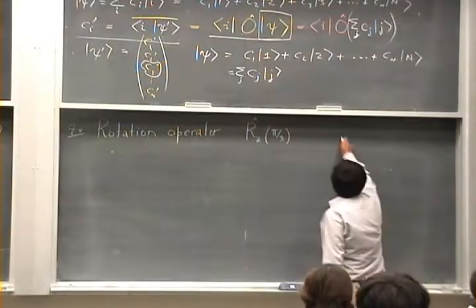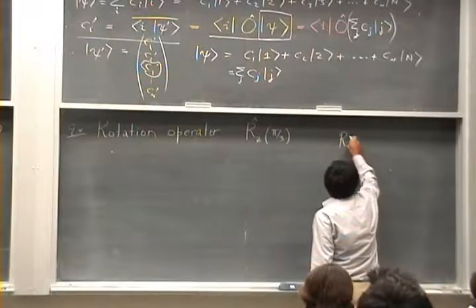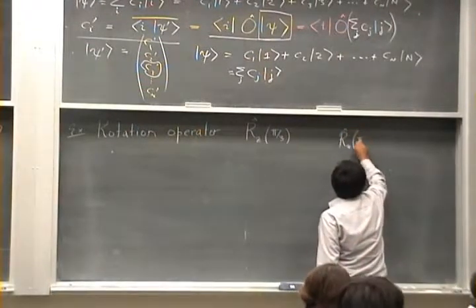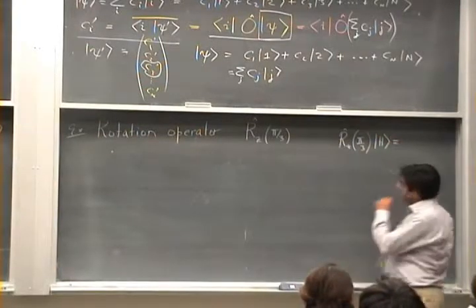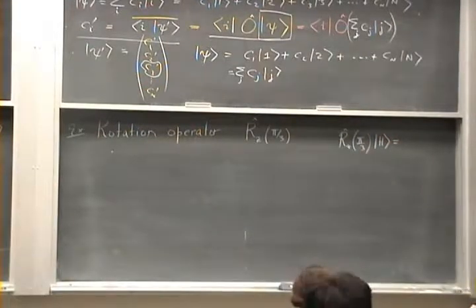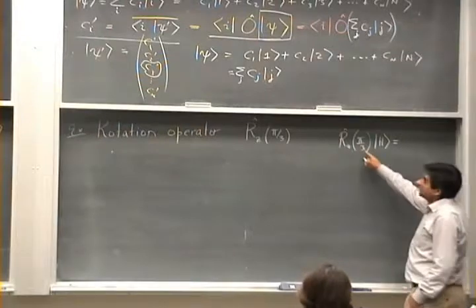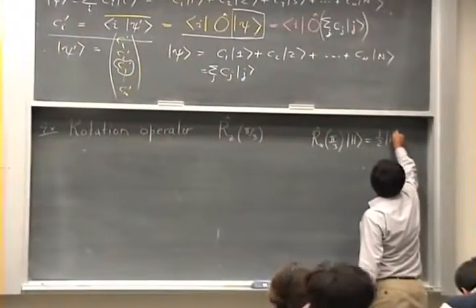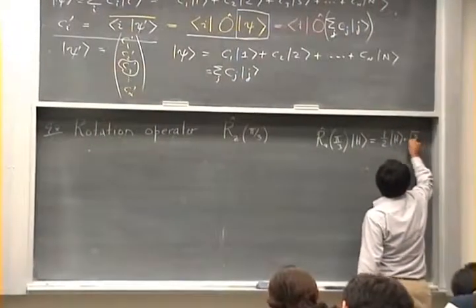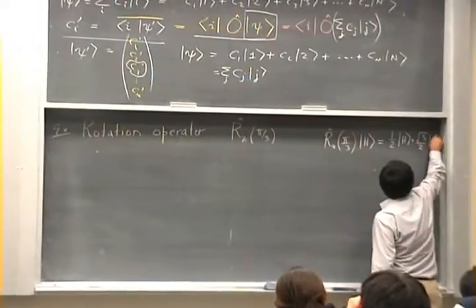So I would like to find out the effect of RZ through 60 degrees on ket H. What is the result? Cos of 60, sine of 30: 1 over 2 ket H plus root 3 over 2 ket V. Right?